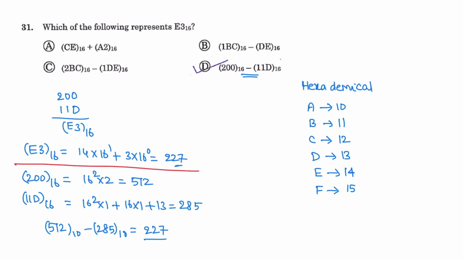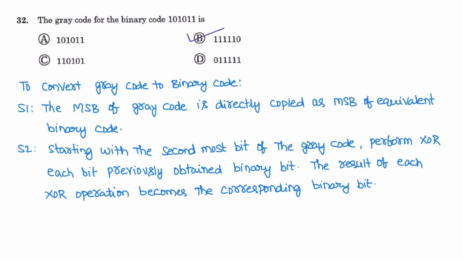The gray code for the given binary code is... the given binary code is 101011.